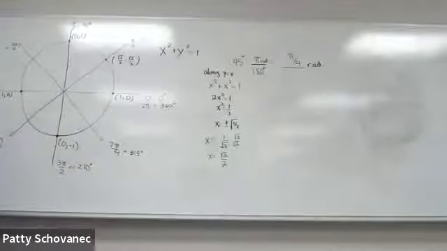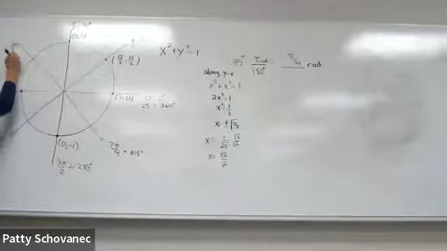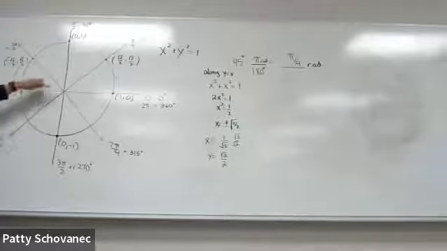All we have to do is adjust whether x or y is positive or negative in those quadrants. In quadrant 2, x is negative, y is positive. So the ordered pair here has a negative square root of 2 over 2, positive square root of 2 over 2. Back here, x is negative, y is negative.